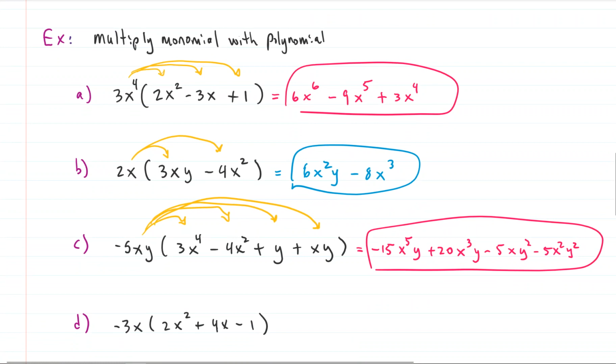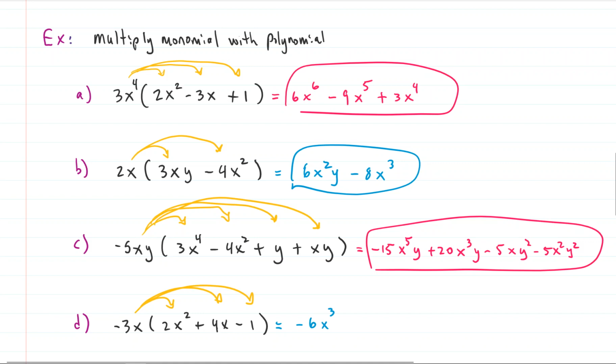Let's do another. This is negative 3x multiplied by 2x squared plus 4x minus 1. And again, we're just distributing that negative 3x through everything. So let's do it. Negative 3x multiplied by 2x squared gives us negative 6x to the third.